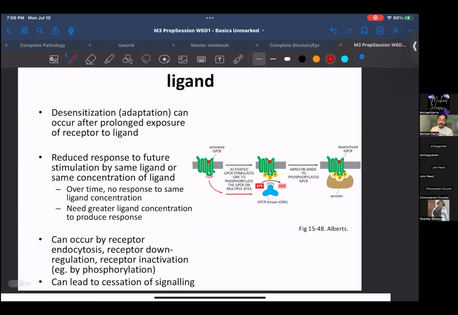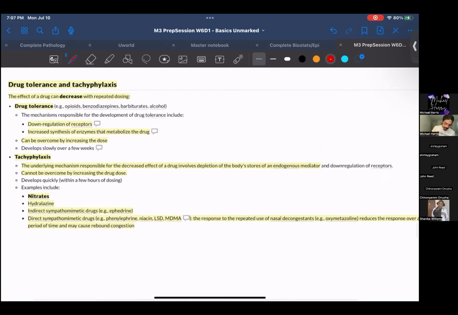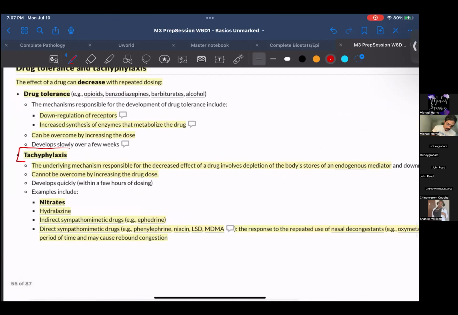Once again, this is a yell back to year one. You can silence the receptor, which is what beta arrestin does. Okay? Now, the last thing that can occur is known as tachyphylaxis.